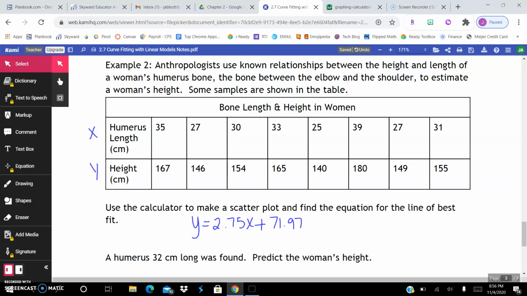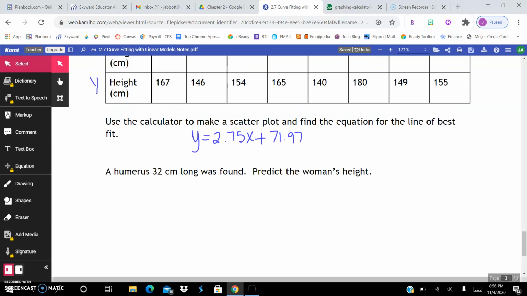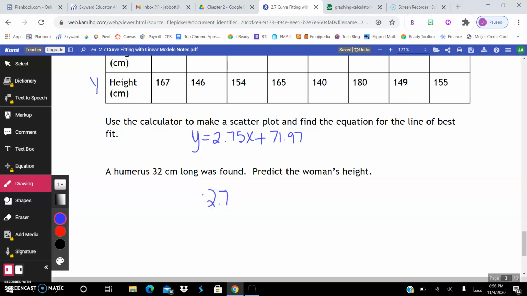Then we're going to use that equation to predict this woman's height whose humerus bone is 32 centimeters long. So I am going to take 2.75 times 32, since x is our humerus bone length. And then we're going to add that 71.97.